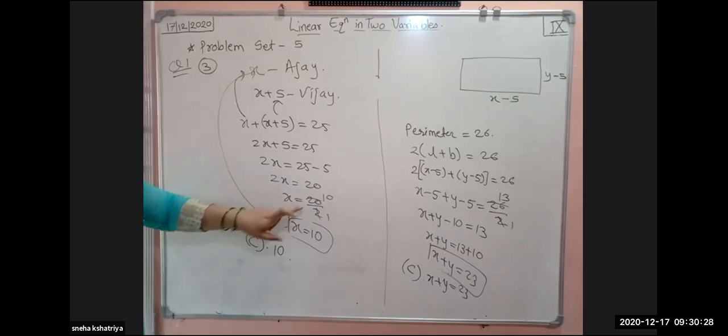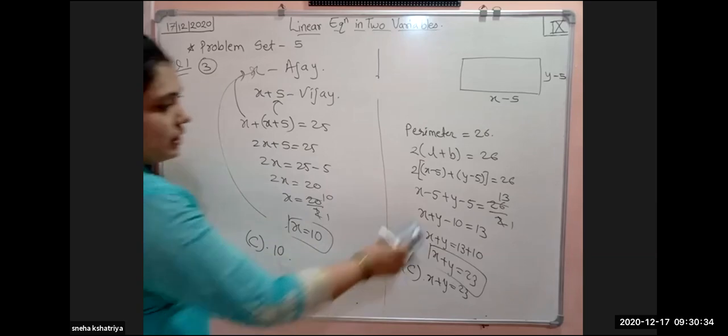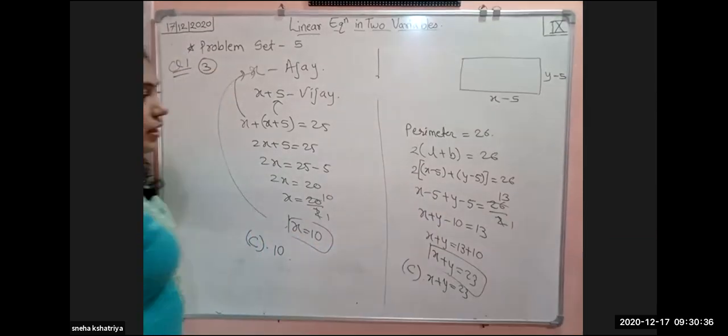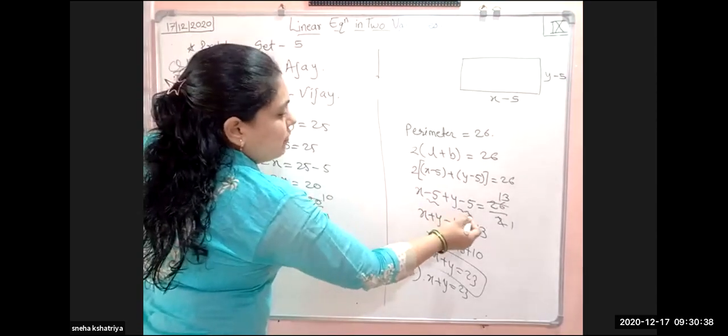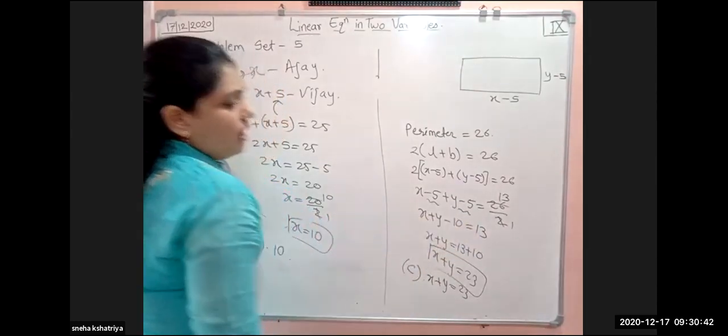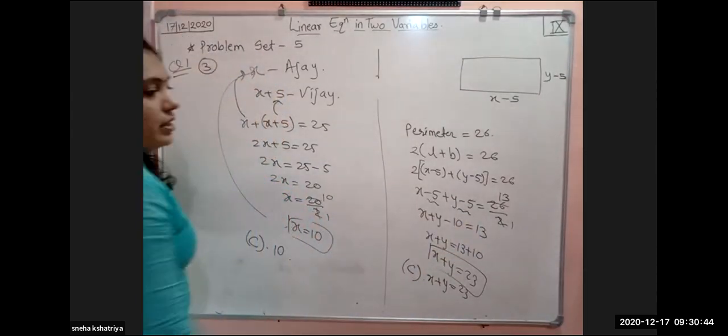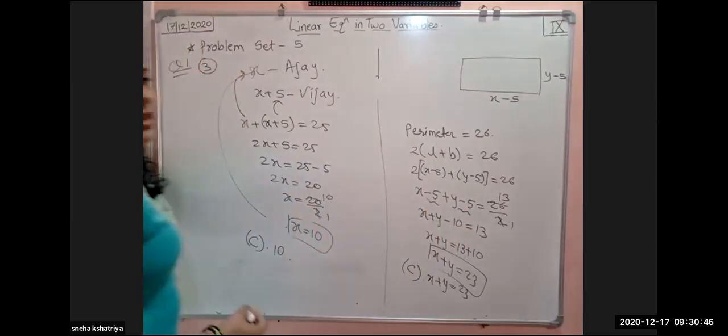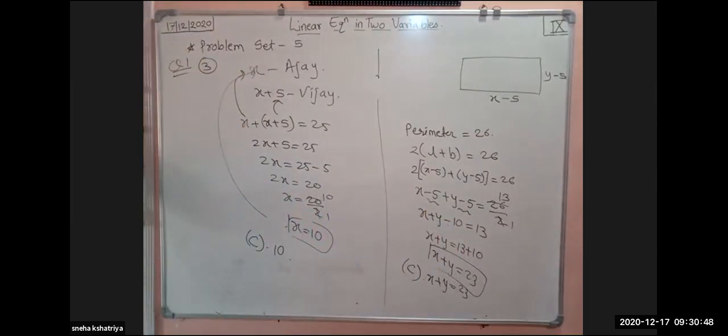You should divide these numbers properly, and your subtraction, mainly your subtraction. Whatever calculations come, like minus 5, the minus sign, and the addition of numbers, you have to remember the plus and minus rules properly.